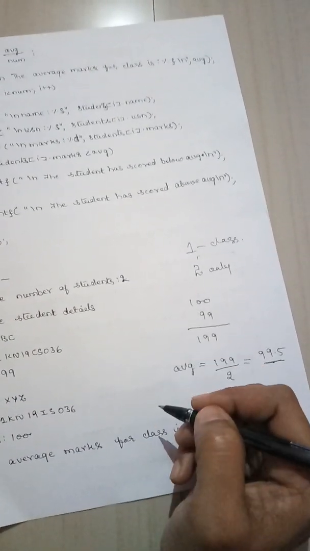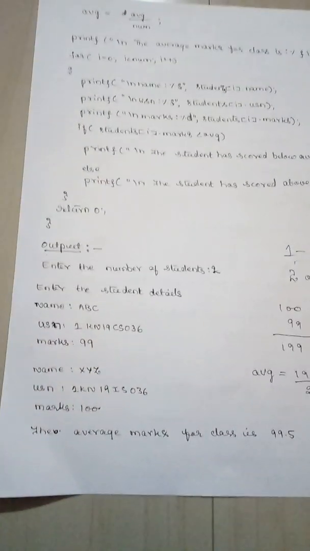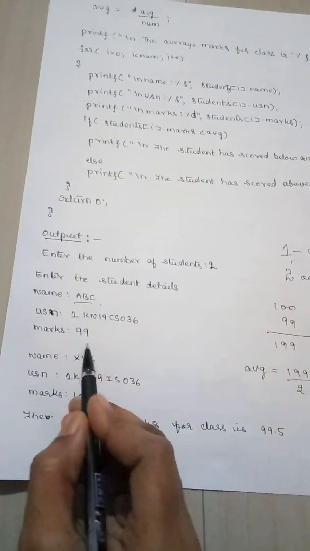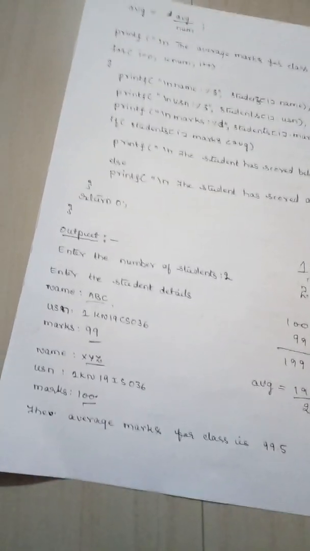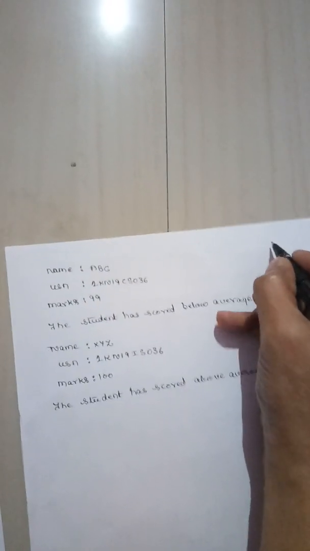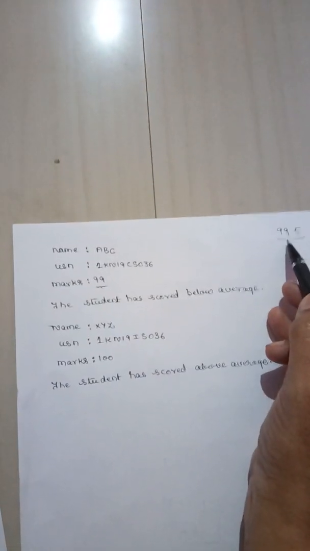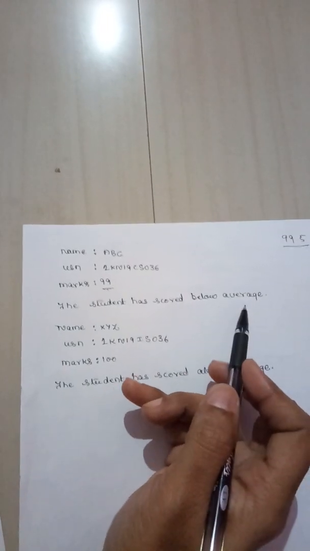Compare this average with the marks of each student and say whether he has scored above average or below average. Student ABC has scored 99, student XYZ has scored 100. The average marks is 99.5. Student ABC's marks, 99, is less than 99.5, so this student has scored below average.